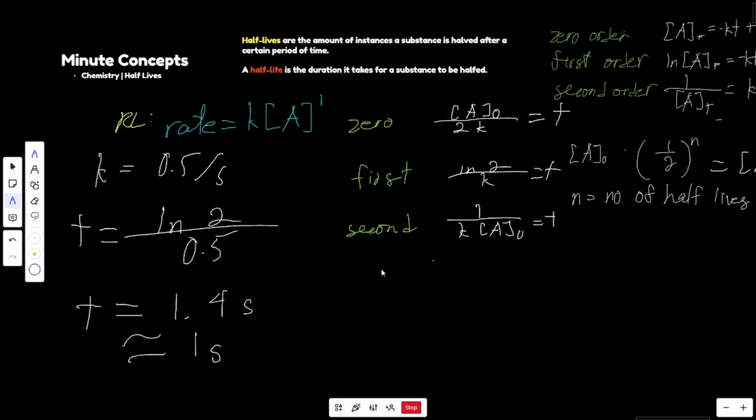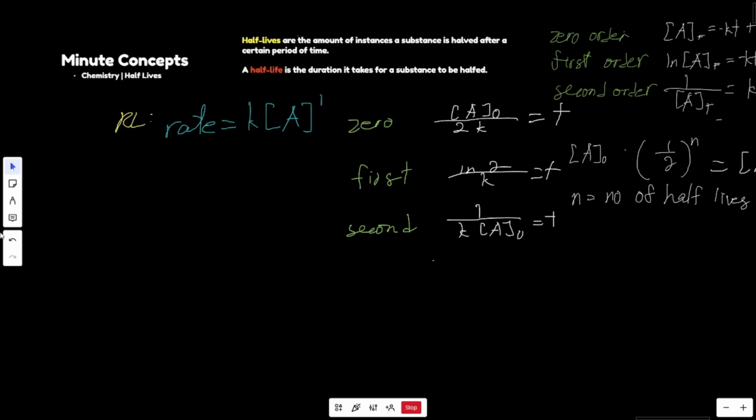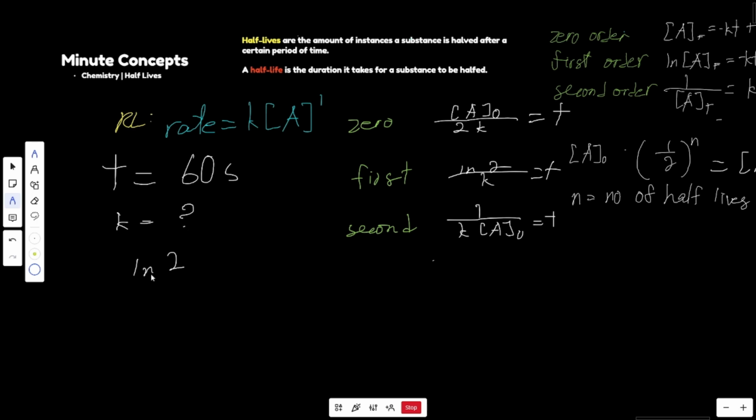Now, let's say we want to solve for K. So let's back up a bit, and say that for our first order reaction, we were given a half-life of 60 seconds, and we want to figure out what K is. So it would just be ln2 over K is equal to 60.